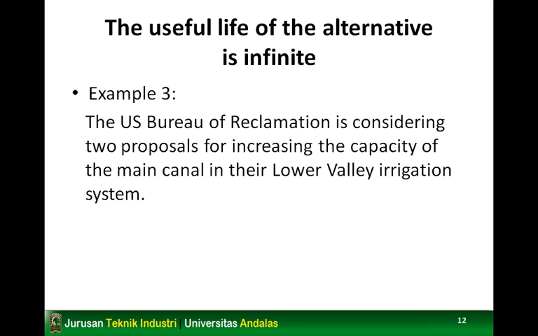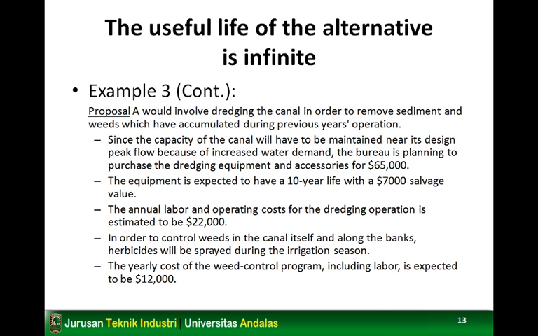So what we have here is that the U.S. Bureau of Reclamation is considering two proposals for increasing the capacity of the main canal in their lower valley irrigation system. So that is proposal A. The proposal will involve the dredging of the canal in order to remove sediment and weeds.